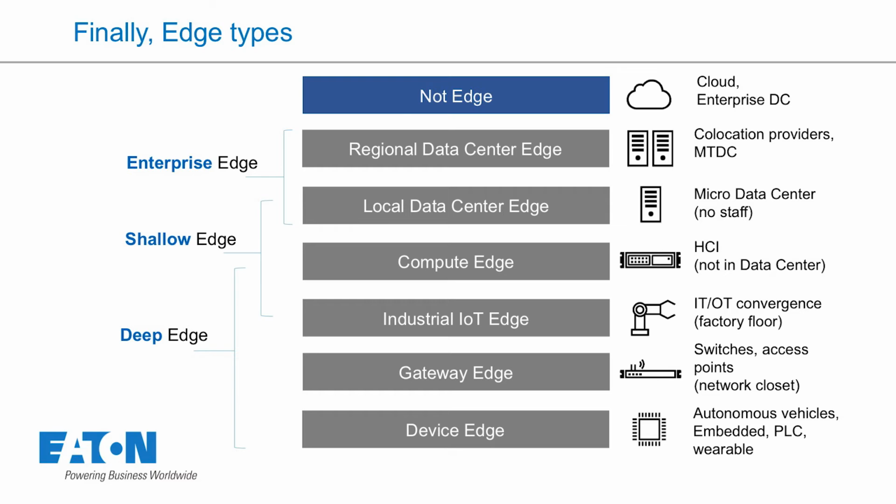The cloud, the enterprise data center, is not considered edge computing. But if you go into the regional data centers, co-locations, multi-tenant data centers, those are considered regional data centers because they are most likely closer to the user itself. You have micro data centers.